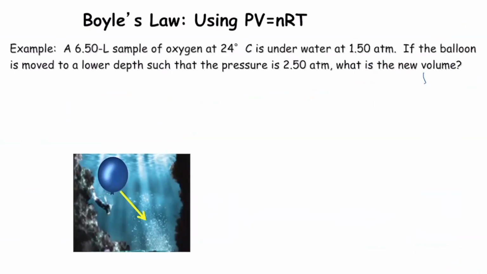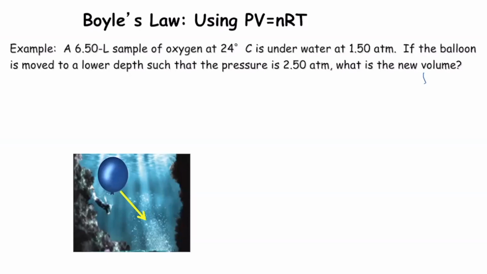Here's another problem. It seems like a Boyle's law problem, but again, let me show you how we attack this problem using the combined gas laws. You have a 6.5 liter sample of oxygen at 24 degrees underwater.